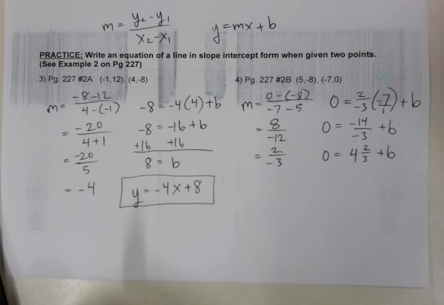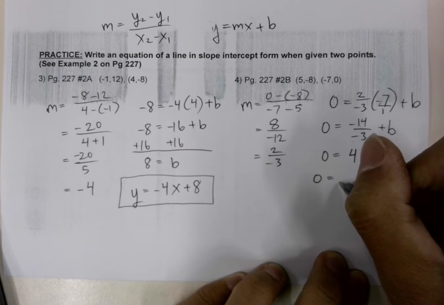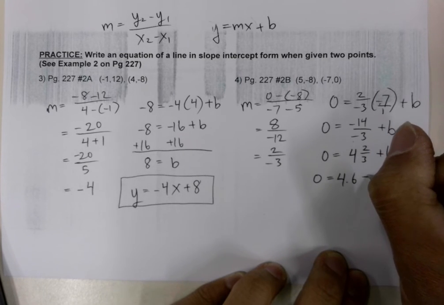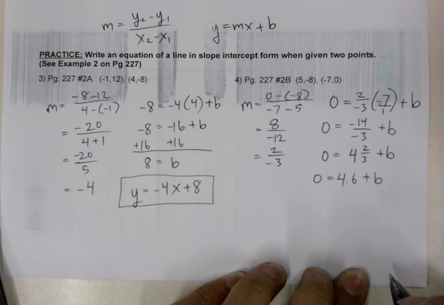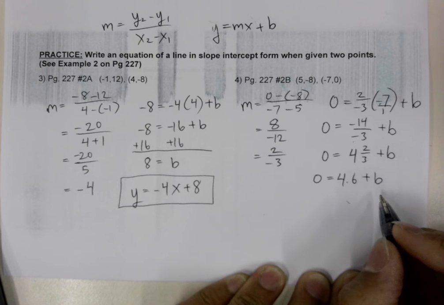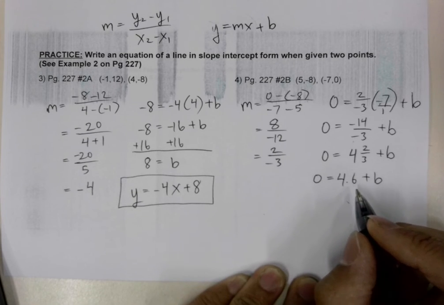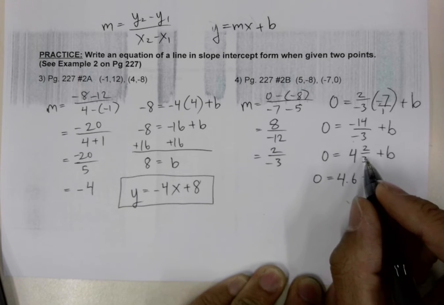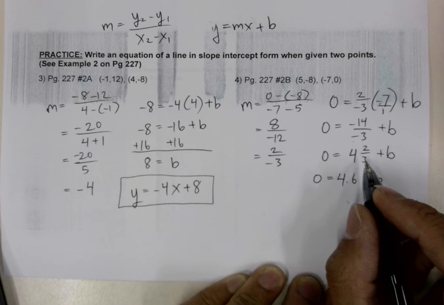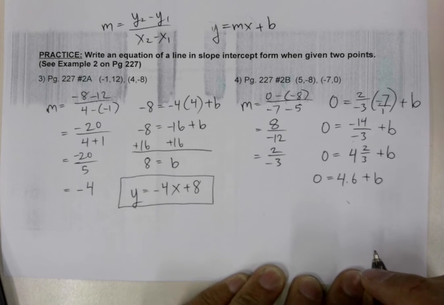So this is going to reduce to 0 = 4.6 plus b. How I got 4.6 is I took 2 divided by 3, and that's 0.6666, and I added it to 4, so I get 4.6 if I round it.